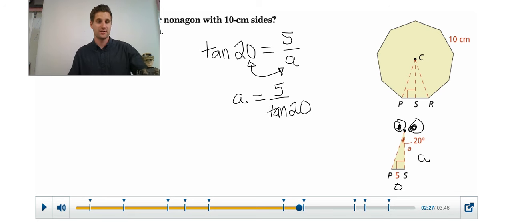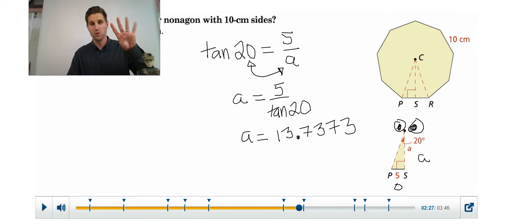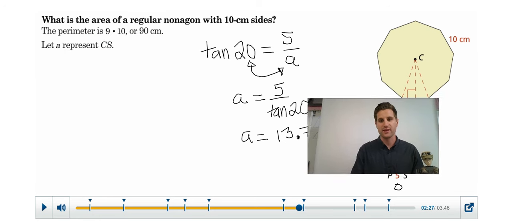We're going to have to use a calculator. 5 divided by the tan of 20, and make sure that you are in degree mode on your calculator. And we get the apothem to be about 13.7373. I like to go out at least 4 spots to be a little more accurate, because we're not going to get a nice round number.